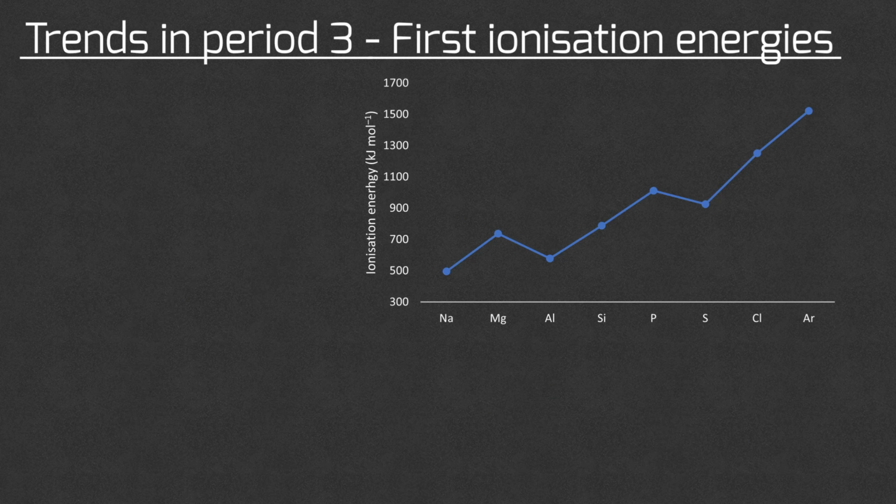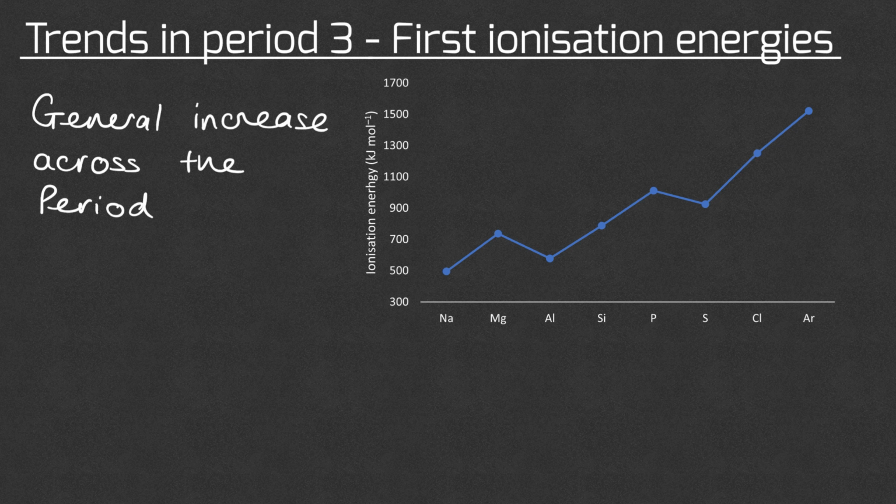The final trend we're going to look at is the first ionisation energies. Now in general, the ionisation energies increase as you go across the period. This is because, as you go across the period, the number of protons in the nucleus increases by 1 each time.